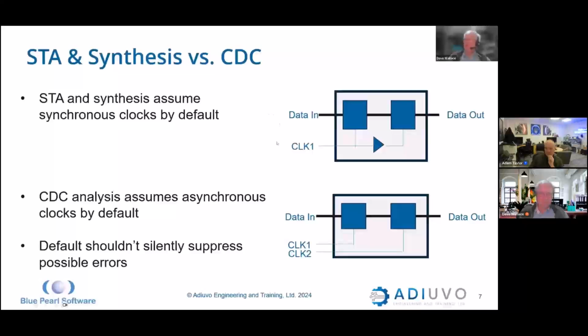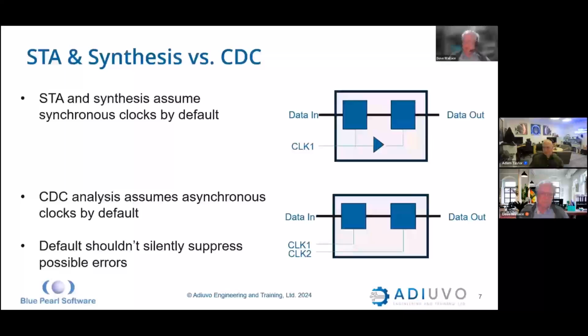So in this case, static timing analysis assumes initially that all paths can be timed. And it's just that you go in and you say, okay, well, these particular clocks are asynchronous. You can't trust any timing value that we tell you about those. So let's declare those as asynchronous so that the tool will shut up about them because you can't really rely on those timing values. And that's why static timing analysis assumes that clocks are synchronous by default.